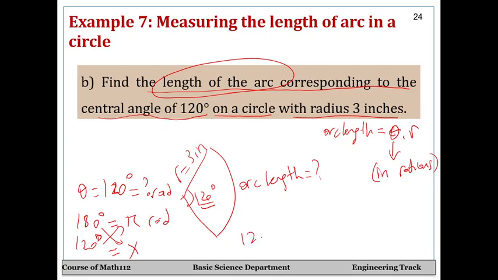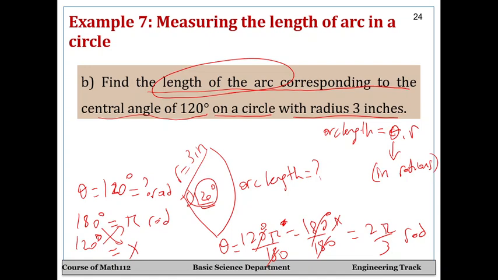It's 120 pi is equal to 180 times x. So you divide both sides by 180, so we end up with 2 pi over 3. So we found the central angle here: 120 degrees is equal to 2 pi over 3 radians.